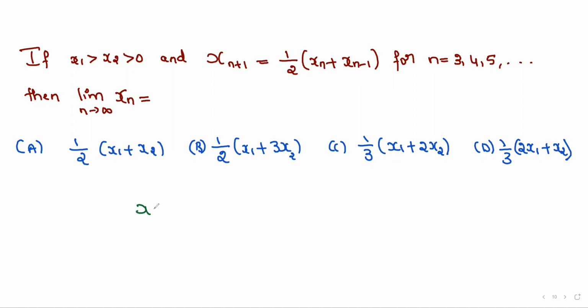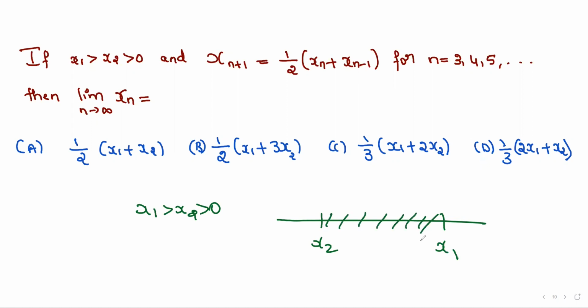Note that x1 is greater than x2 and x2 is positive. If this point is x2, then clearly x2 is less than x1, and all the points of this sequence are lying in this region.